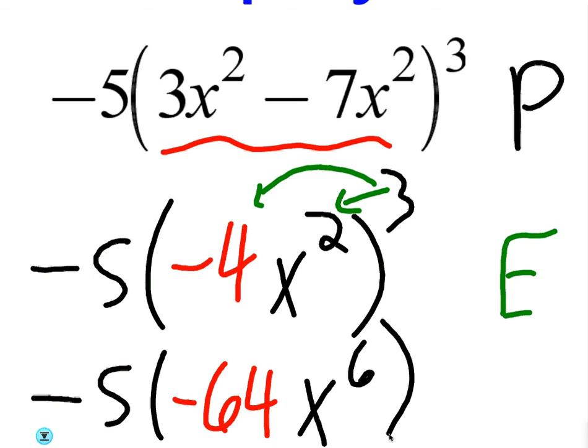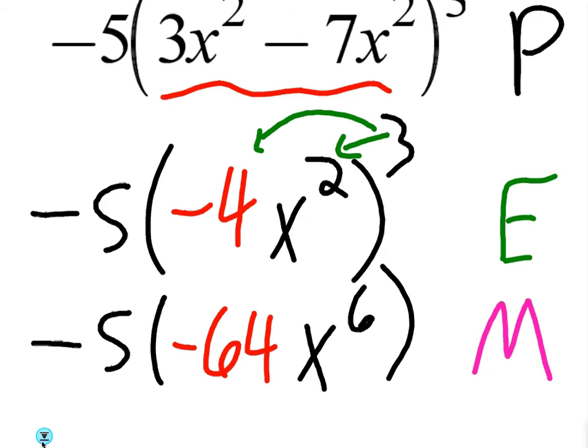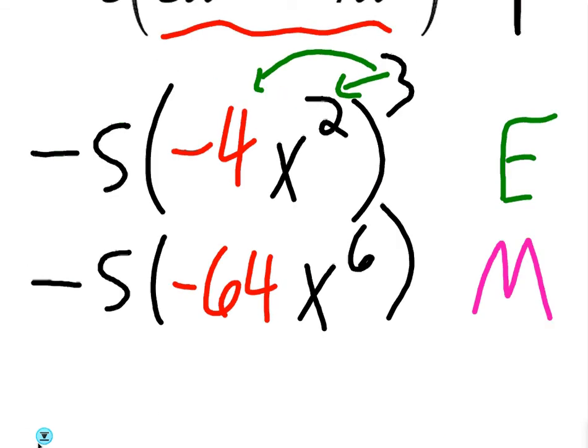Now we've done everything we can for what's inside the parentheses, so now we can multiply. Now, be careful here because when you have a number on the outside like this, and you only have one term on the inside, you're only actually multiplying once. Okay, I've seen people try to distribute.